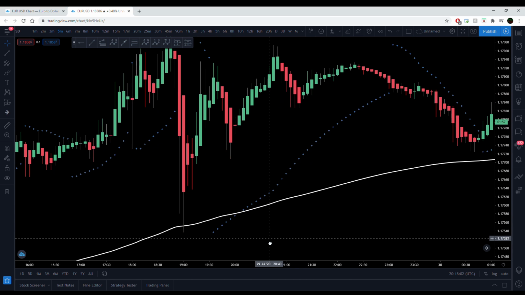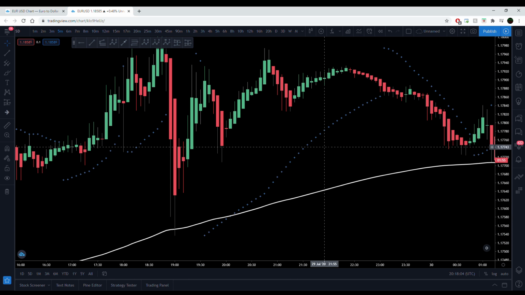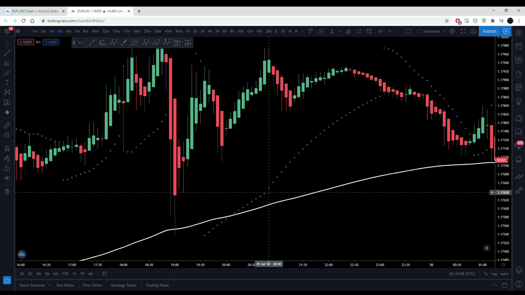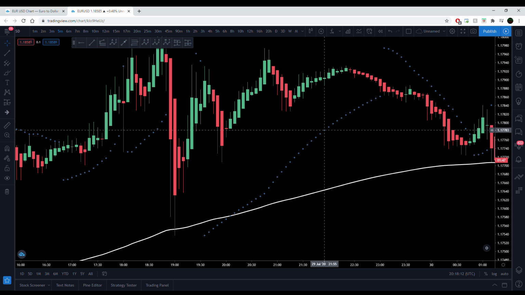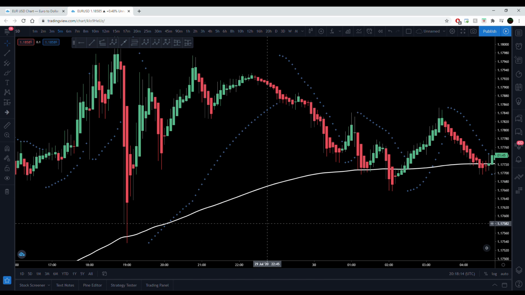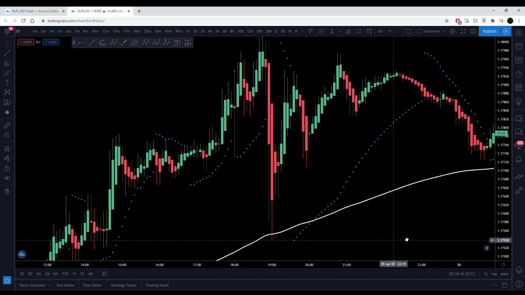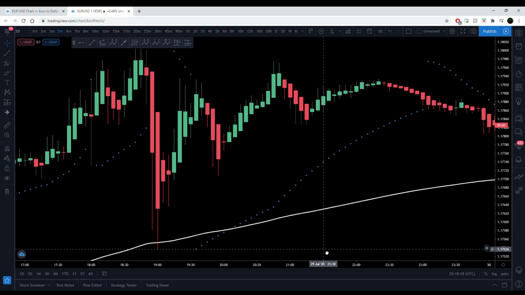So don't take entry signals that are way over here on the parabolic SAR once it has been on this uptrend for a long period of time, because you'll likely be buying the top before a swift drop off.